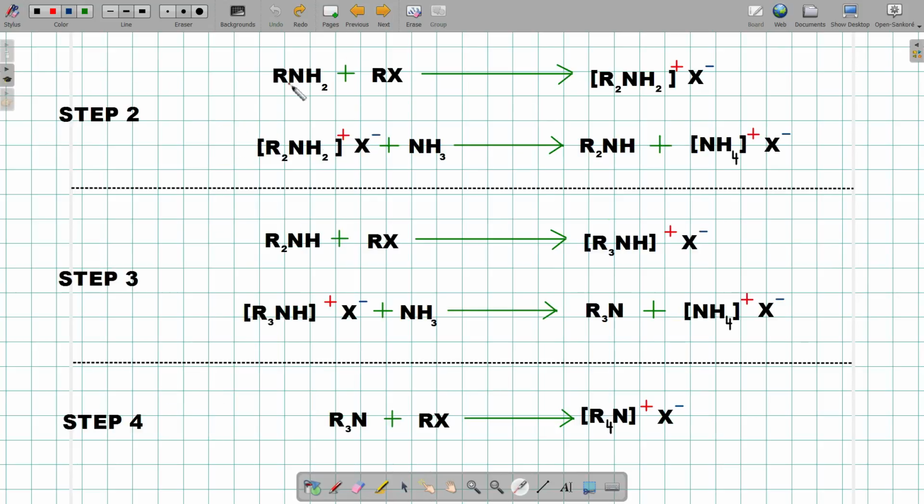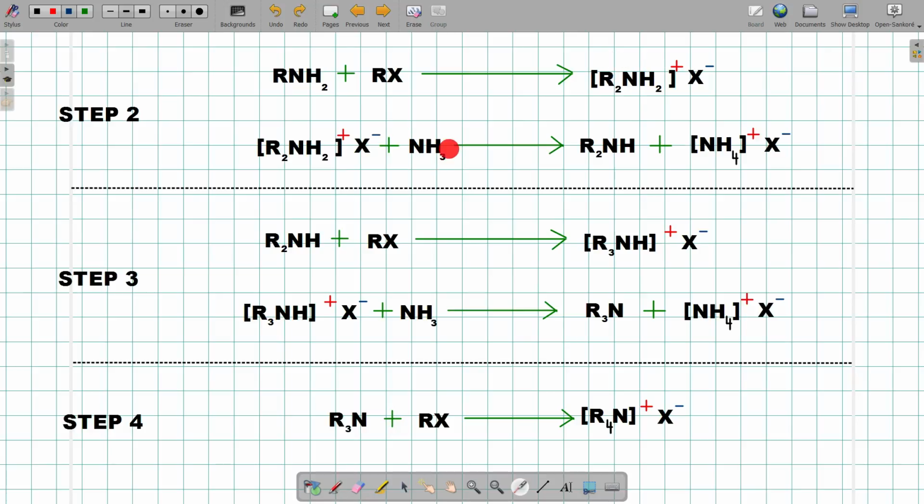You've seen enough amines at this point to know that this amine will have a lone pair of electrons, and so it'll be able to react again as a nucleophile with this haloalkane and replace the X. And because it's ammonia again, the nitrogen will get 4 bonds and form a positive cation and form a salt, but I'm not going to explain that anymore.